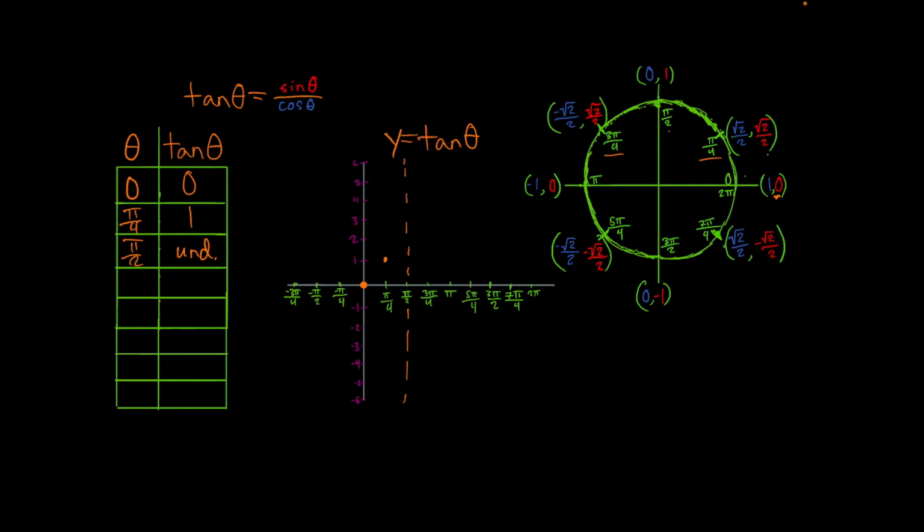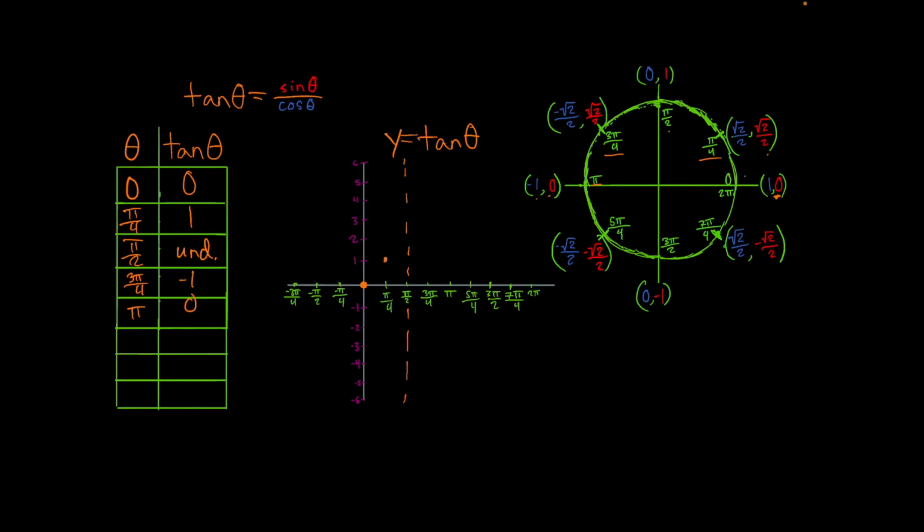So at 3 pi over 4, we have square root of 2 over 2 over negative square root of 2 over 2, which is negative 1. Alright, now what about at pi? Well, at pi, we have 0 divided by negative 1, which is still 0.